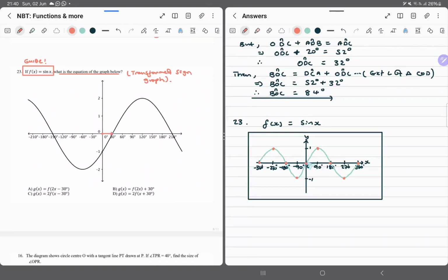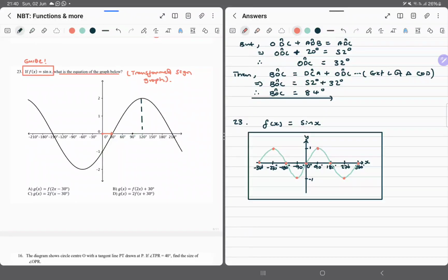Two. We were supposed to hit a maximum at 90 degrees. But now we can see that the maximum is at 120. Can you see? The maximum is at 120.